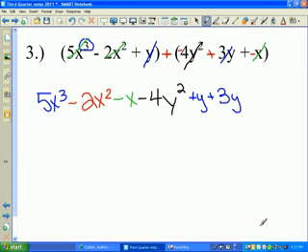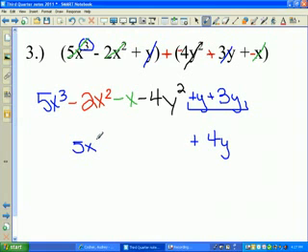So now, do I have any like terms to combine? Hopefully you say yes for right here. So this y plus 3y, that's going to give me a total of 4y. And it looks like everything else is just coming on down.